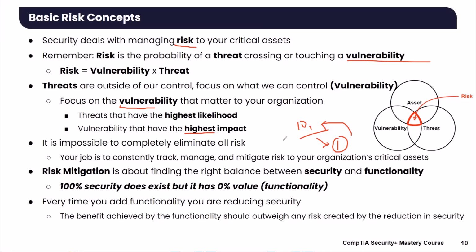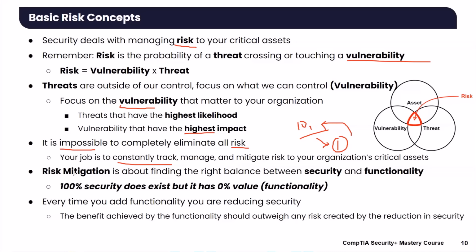There are even jobs where you can get hired as a vulnerability assessor or vulnerability management personnel, where day in and day out your job is to deal with fixing vulnerabilities in the organization. Remember, it's impossible to mitigate all the vulnerabilities and all the risk. Your job is to constantly track down, manage, mitigate, and control these vulnerabilities, or this risk, I should say, to the organization.